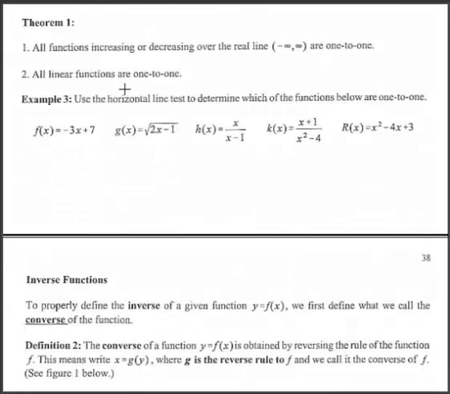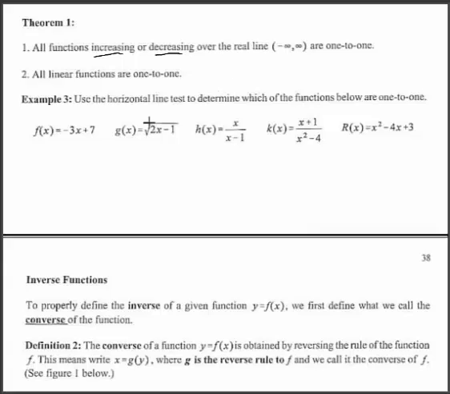All right, so let's do a little bit of reading here. All functions increasing or decreasing over the real number line are one-to-one. So if it's only increasing or only decreasing over the entire number line, it only exhibits one of these behaviors, then it's 1 to 1. And then it tells us that all linear functions are 1 to 1.